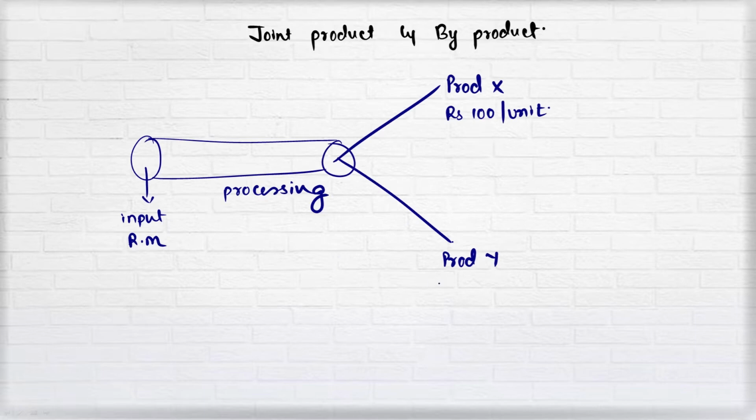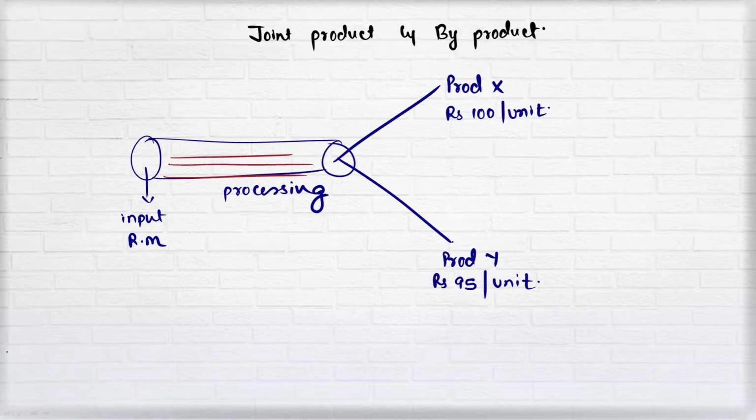Product Y has a market value of rupees 95 per unit. With one common raw material and one common process, two products are manufactured, product X and Y.